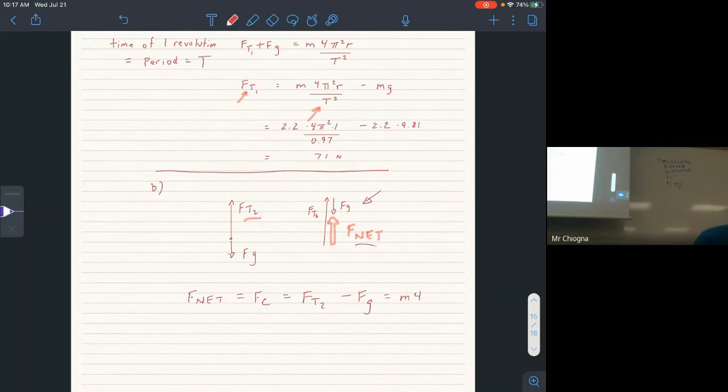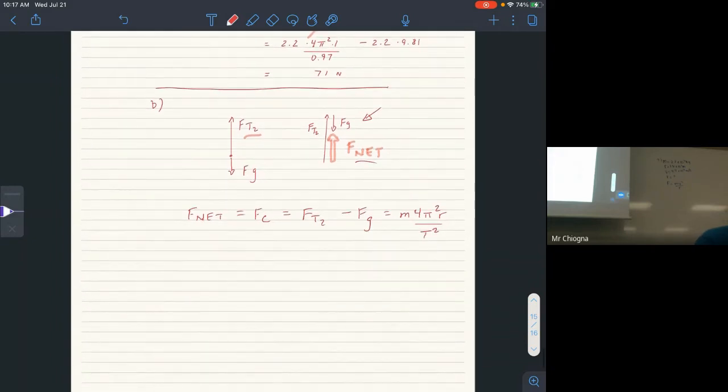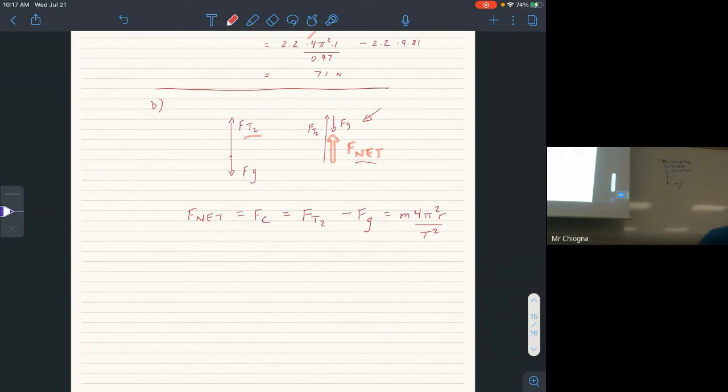Same equation on the right. I can write ma, but I know that it's going to be this expression, because of what I'm given, the period. So this is our expression.